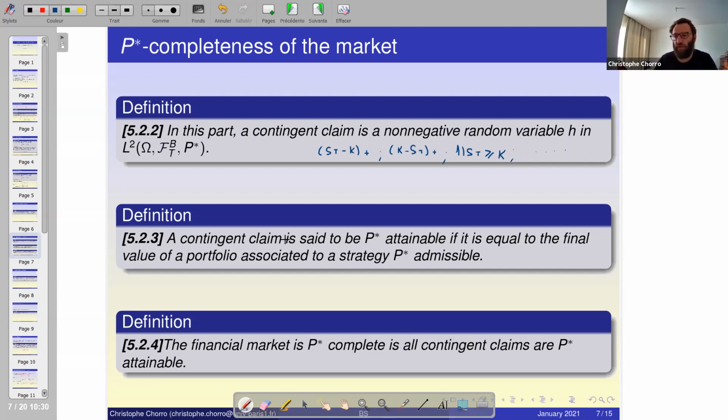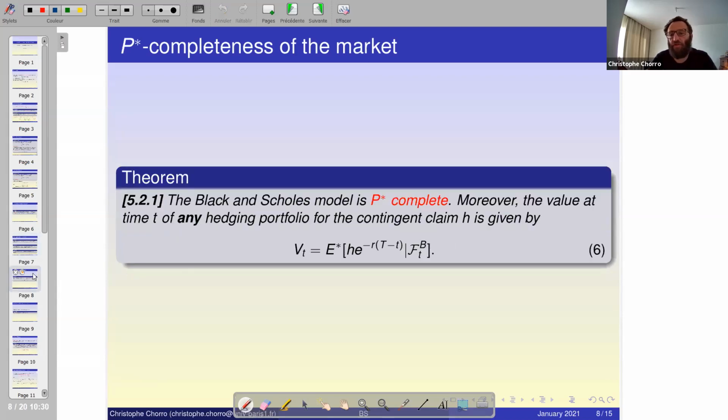And what we have proved together in the previous session was that the Black-Scholes market is P star complete. And what is more, the value at time t of any financial strategy that allows to attain this contingent claim, what I call a hedging strategy or a hedging portfolio, is given by this.